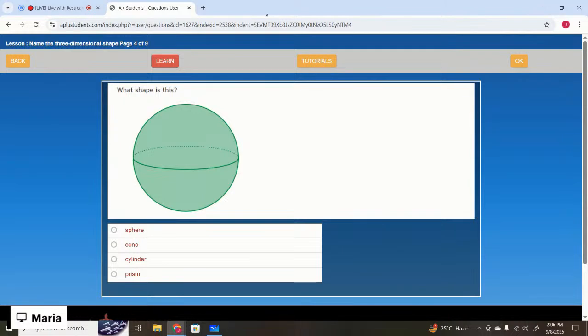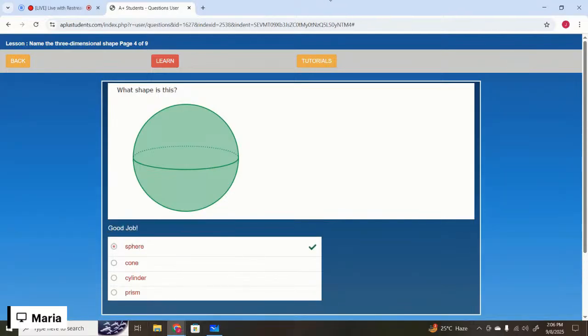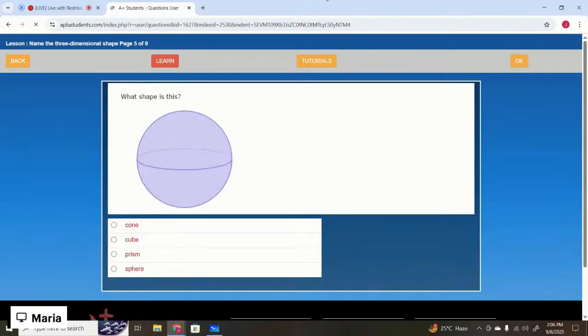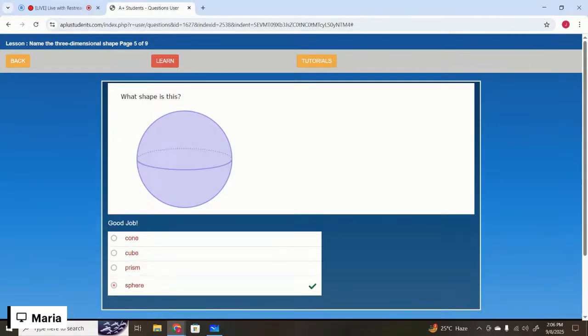Yes, sphere it is. Option number one is the correct option. What shape is this? Yes, this is a sphere. Option number four is the correct option. Very good.